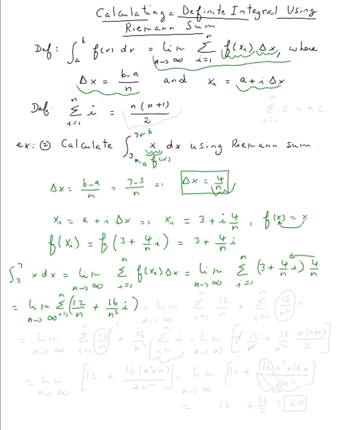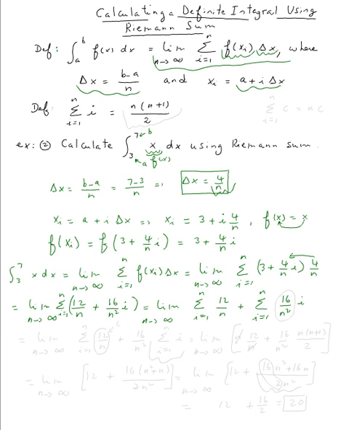Now we have to use the properties of sum. The properties of sum says this is going to be equal to the limit as n goes to infinity of the sum from i equal 1 to n of 12 over n plus the sum from i equal 1 to n of 16 over n squared times i.